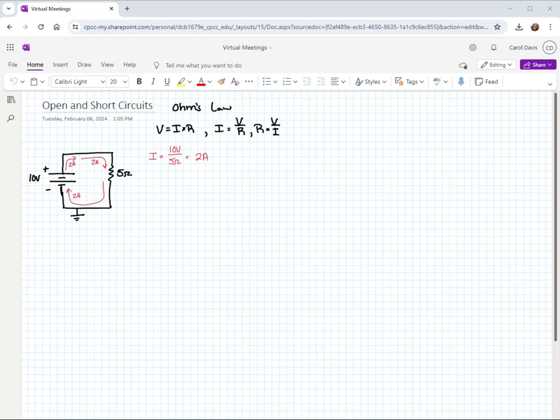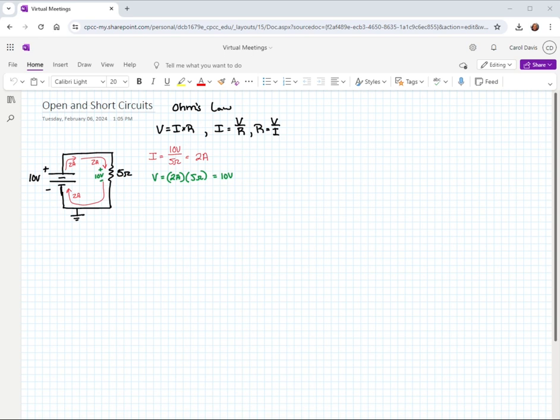Now, also remember that the voltage drop across that 5 ohm resistor will be the current through the resistor, which is the 2 amps that we just found, times the 5 ohms of resistance. So we would see that 10 volt drop from the top of the 5 ohm resistor to the bottom. And again, that is Kirchhoff's voltage law as well.